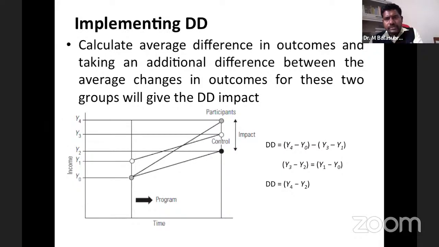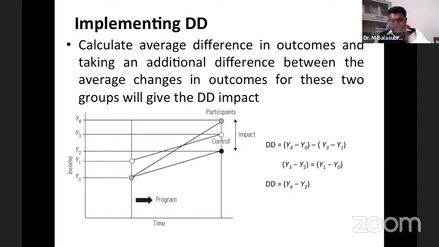So the double difference is, as I said already, the average difference in outcomes separately from the control group and treated group. That is the first point we have to do: the average difference in outcomes of the participants and non-participants, those who used this technology and those who did not use that technology. Separately, we have to take an average difference between these two groups.